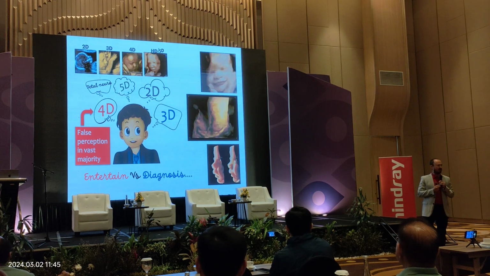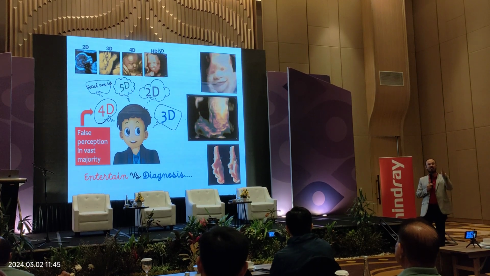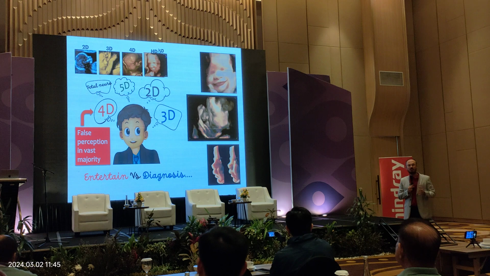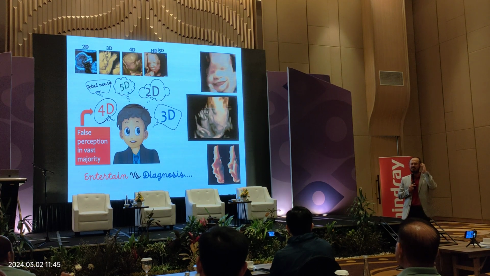For fetal echocardiography, when we want to see the three-dimensional spaces X, Y, and Z with the motion of the heart, we need to use 4D. But the brain is static. The brain doesn't move; the heart moves.